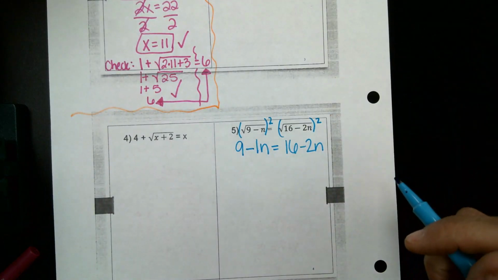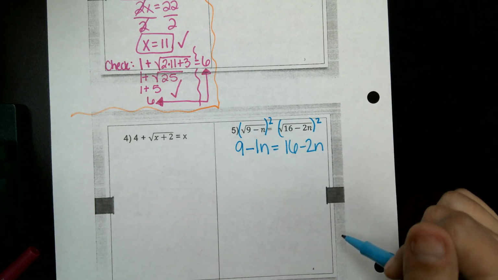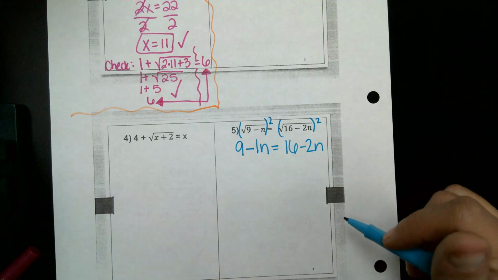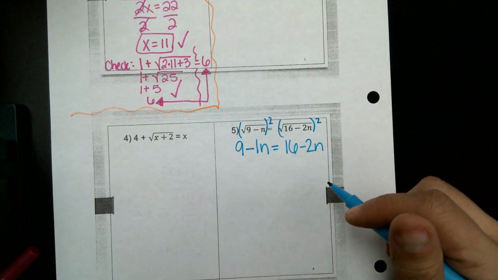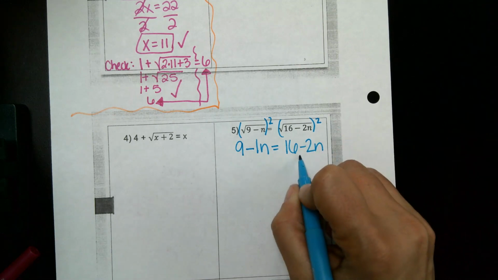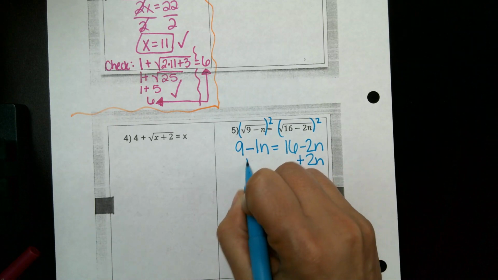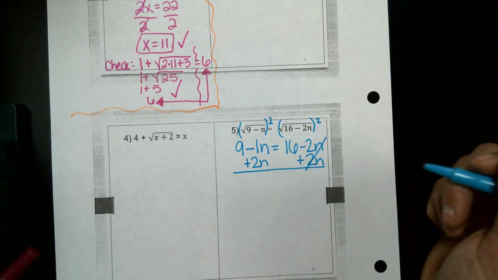Okay, so then how do I go about solving that equation where there's variables on both sides? What do we do? Okay, so I like to move my n to the left. So I started by adding 2n.